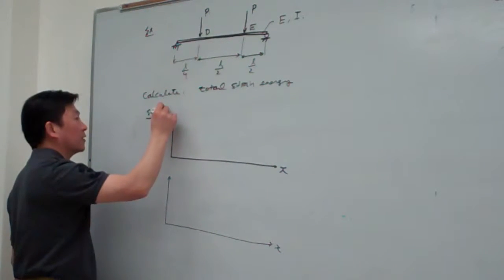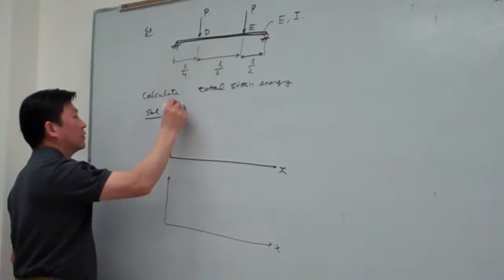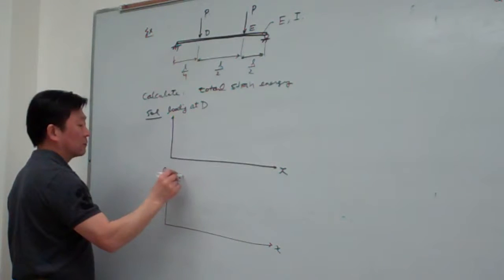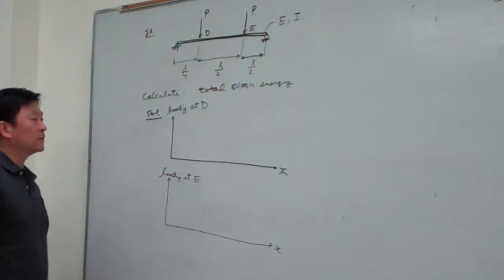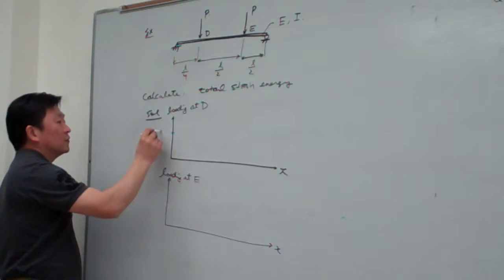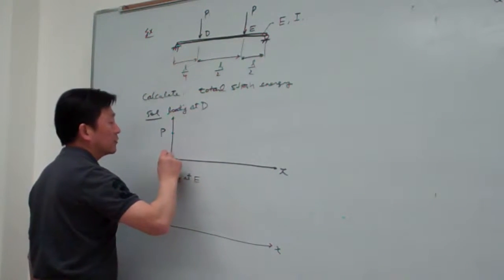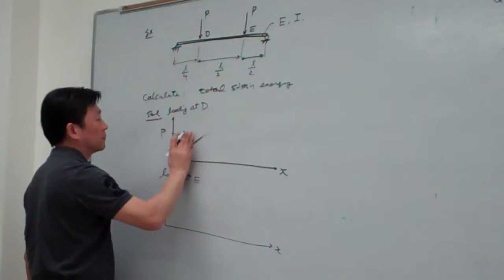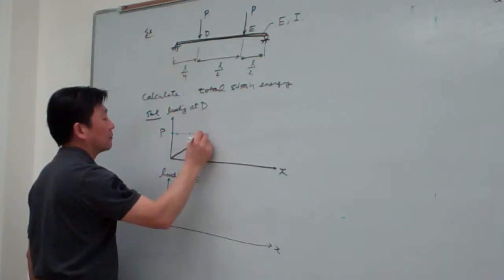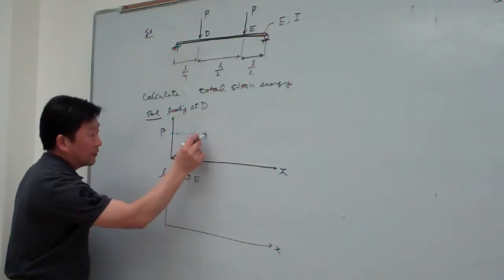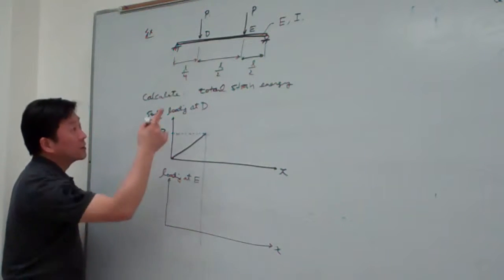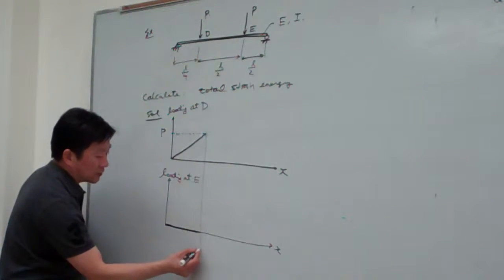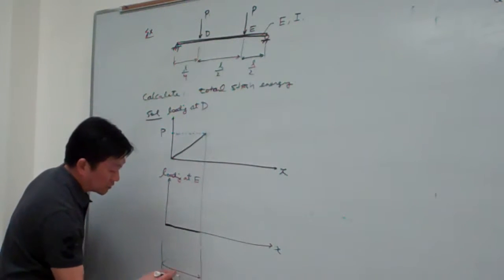This is for the loading at D. So this is the loading at E. Okay. So for loading at D, we're going to gradually increase the loading to P, and then we stop there. And in the meantime, the second loading at E, we have no application. So basically, this stage is denoted as our stage 1.